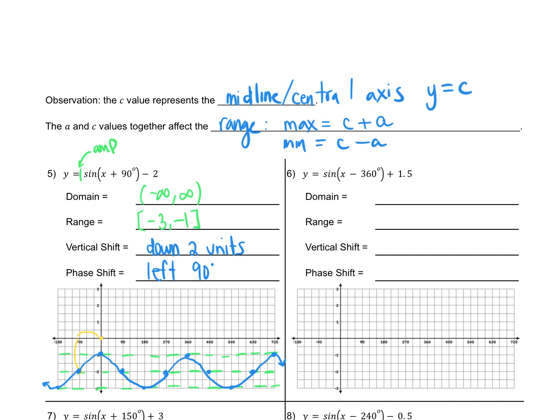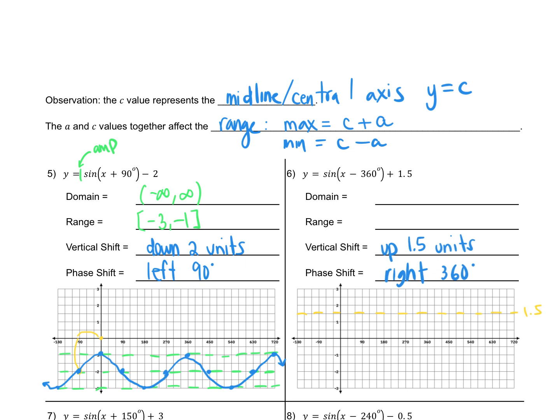Okay, vertical shift is up 1.5 units, and the phase shift is to the right because it says minus and we take the opposite, right 360 degrees. Now, my vertical shift also gives me my midline. So my midline, or my central axis, will be at 1.5.